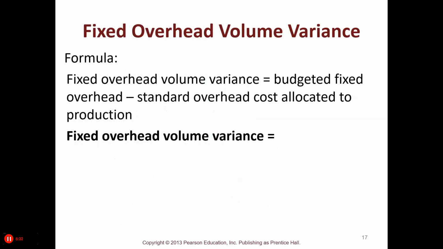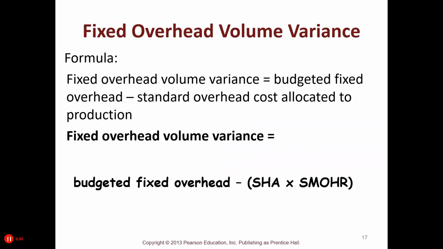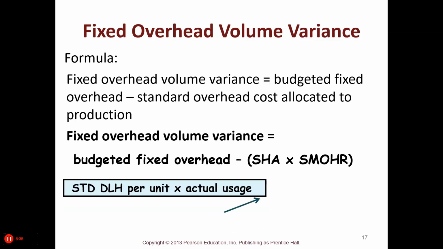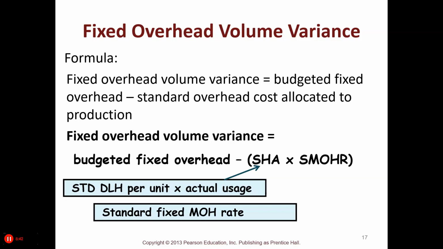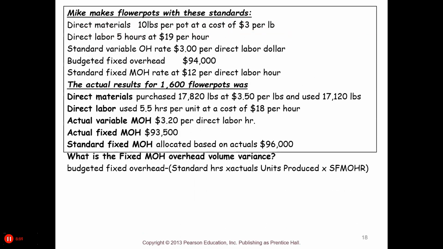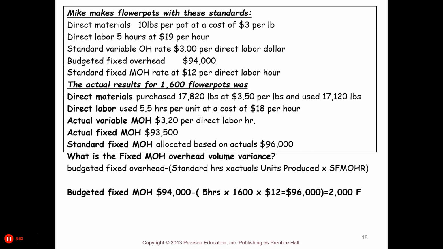Now we have our fixed overhead volume variance. It's going to be our budgeted fixed overhead minus our standard direct labor hours per unit times actual usage times the standard fixed manufacturing overhead rate. Again, same problem. There's our formula. So we take our 94,000, which is our budgeted fixed overhead.